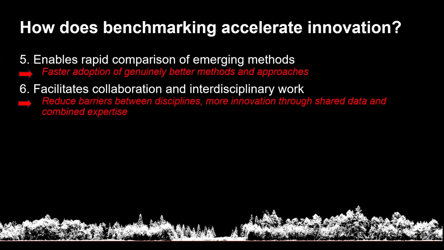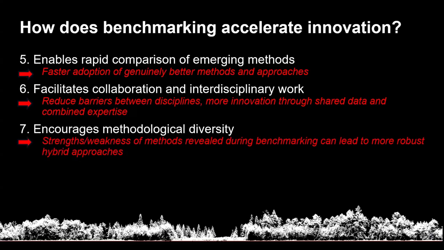So benchmarks provide a shared language and expectations and reduce the learning curve for everyone entering the space. So I see this as fostering cross-pollination, where methods from one discipline, think of computer vision or statistics, for example, can be applied in another, such as forestry, driving even deeper innovations.